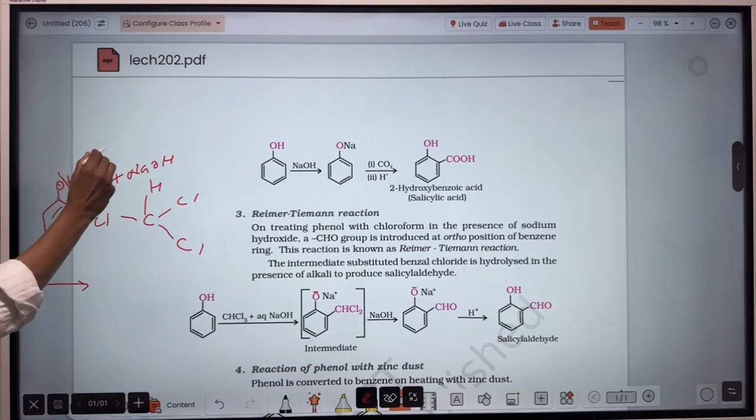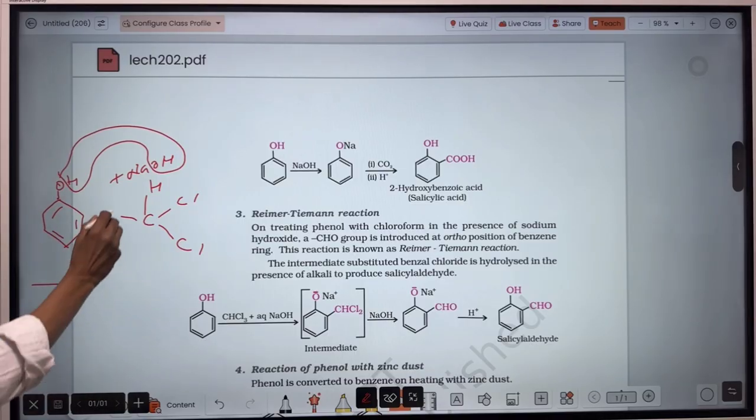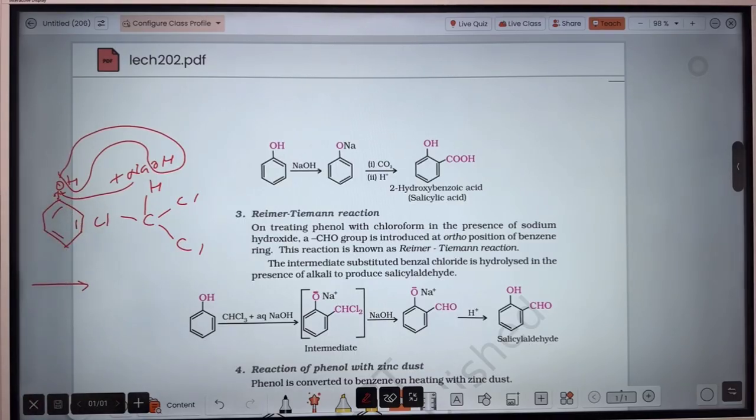What happens about this reaction you are already aware. Hydrogen will combine with OH to form H2O, and sodium will get bound.